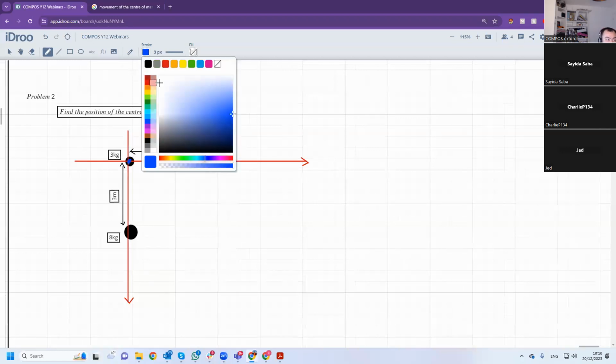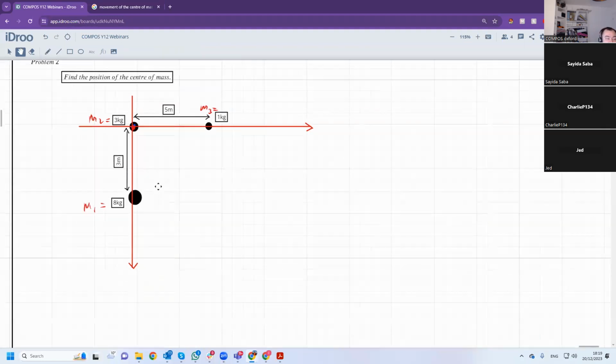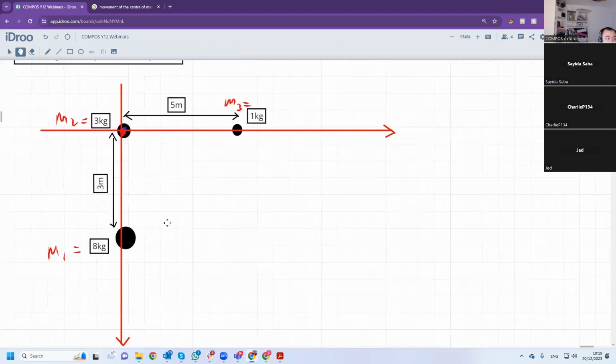Well, we did say that the origin is here. So M1 is 8 kilograms, M2 is 3 kilograms, and M3 is 1 kilogram. The radius vector to the first mass, R1 is, somebody tell me what R1 is? What is the position vector of mass M1?